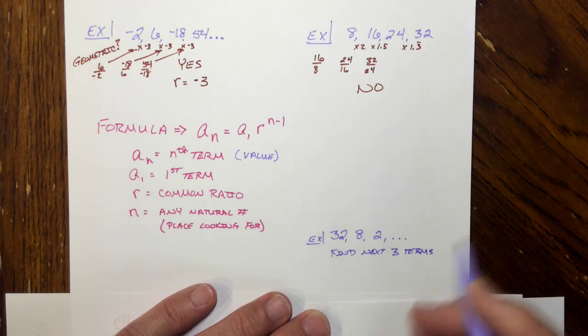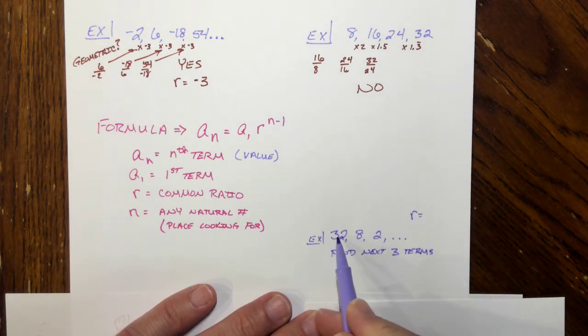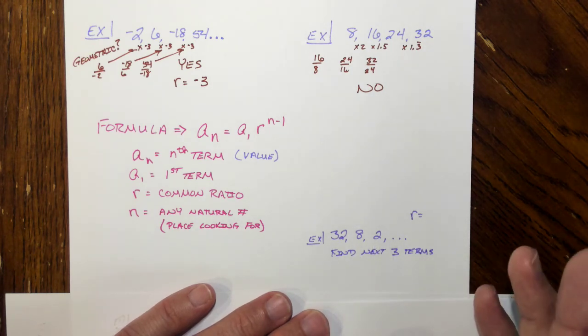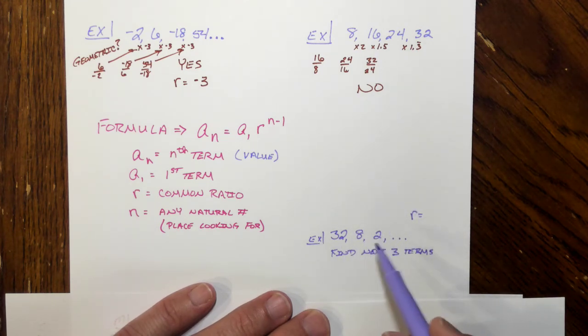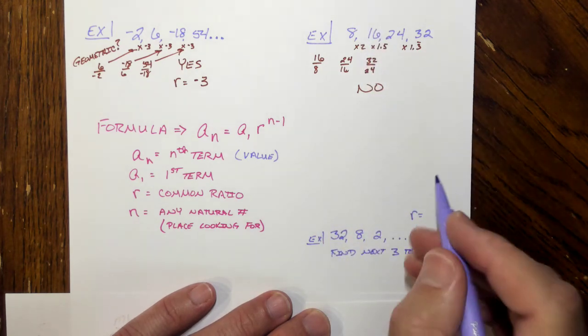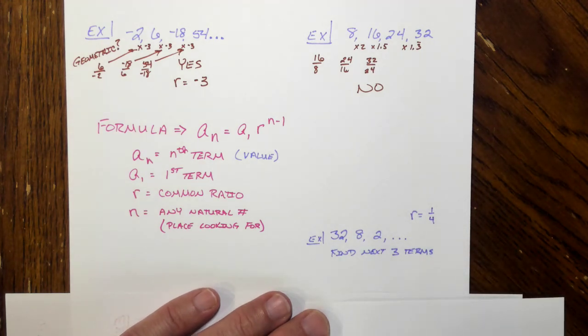So step 1, find the common ratio. Now let's see, divided by 4. Some of you say dividing by 4. I get it. But when you're taking tests, ACT, SAT things, they're not going to say the division, they're going to do the multiplication by definition. So we're multiplying everything by 1/4.